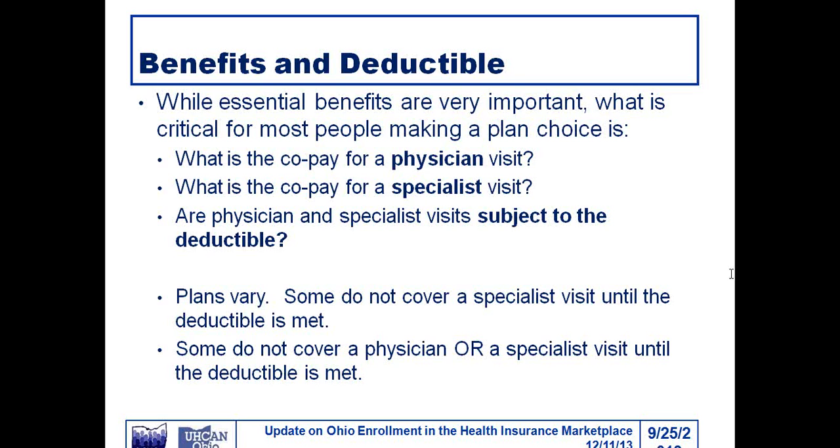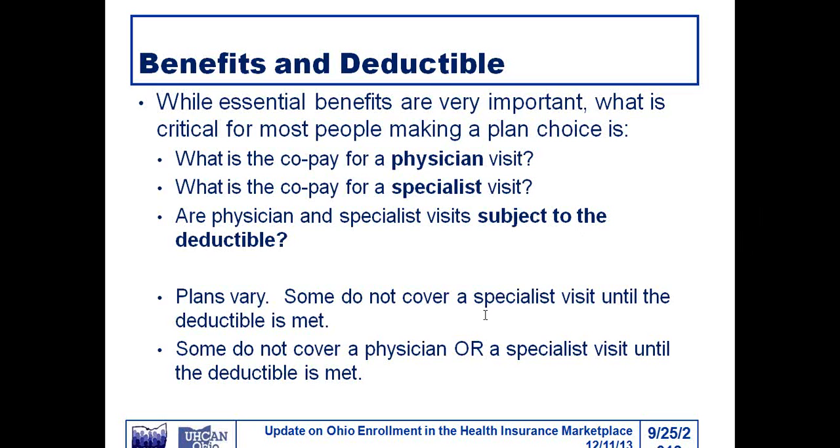But in many plans, certain things are not subject to the deductible. And so that means that you could go to the doctor for routine care, you could see a specialist, and you would simply have a copay for that and not have to wait until you've spent $3,000 before you can even get help from the insurance company paying for your doctor visit.